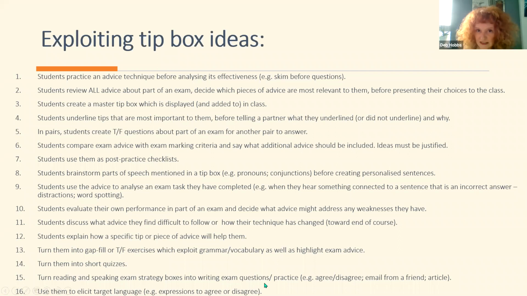So turning them into different types of exercises, grammar exercises, vocabulary exercises, turning reading advice into writing, writing advice into speaking, etc. Turn them into short quizzes, etc. I could go on really.